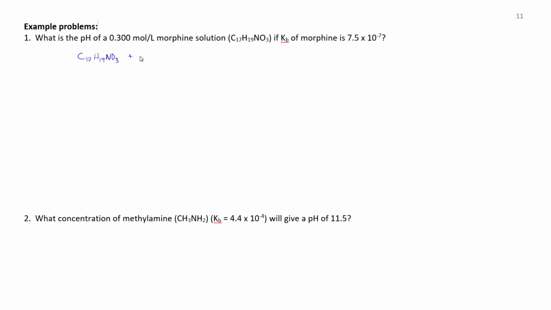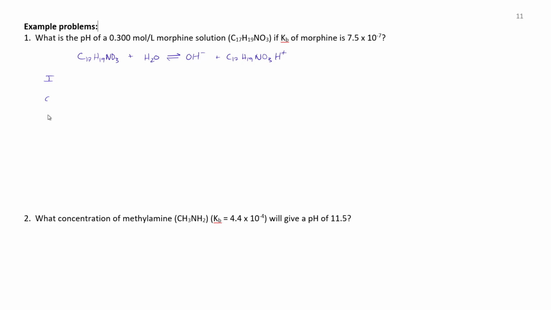C17H19NO3 is going to react with water by absorbing a proton, and we end up with OH minus plus C17H19NO3, and we'll just put H plus on the end right there.